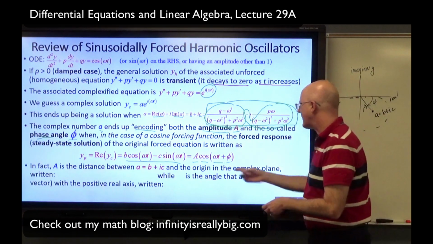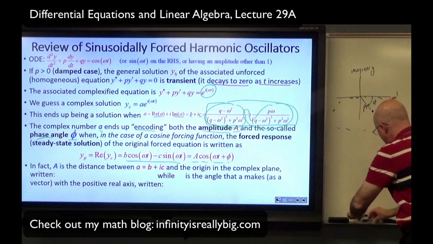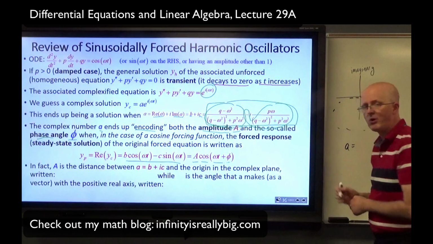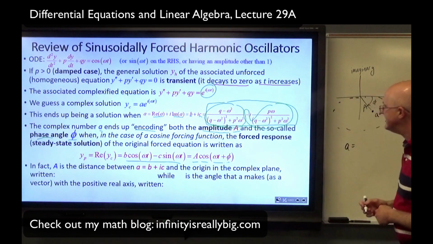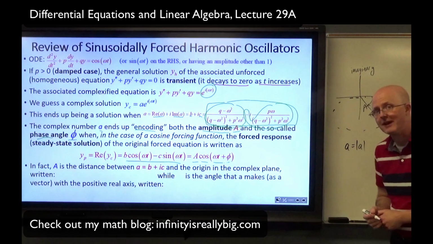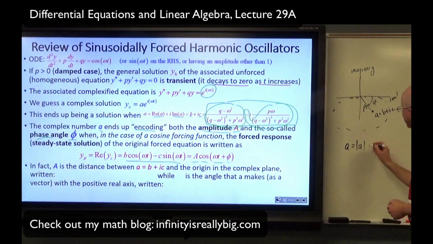How do we know we can write it this way? It's because A itself can be written in what's called polar form. It can be written as its distance to the origin, written as the absolute value of A, and often called the modulus of A, times e to the I phi, where phi is this angle.